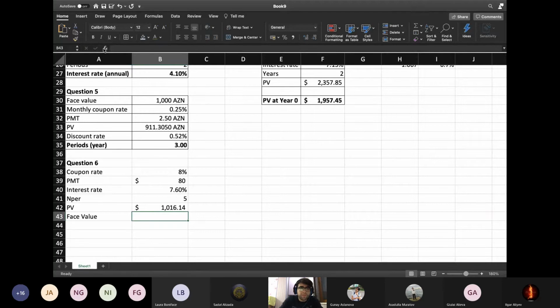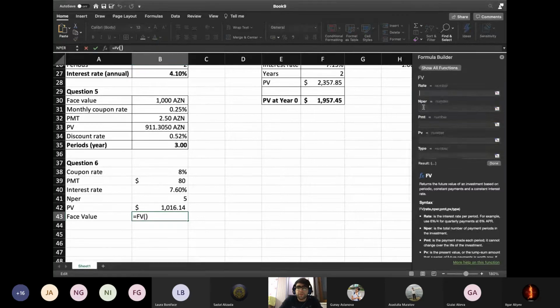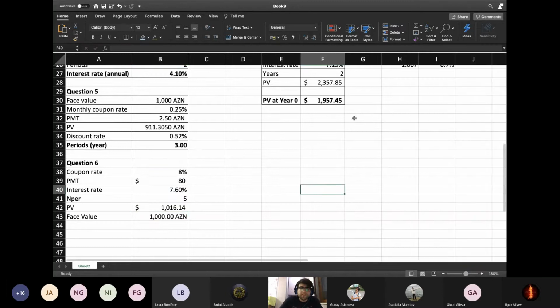Face value is future value, so therefore we are using the future value formula. We have rate, number of periods, payments, and present value, but we include present value as minus. So we have got the face value. Face value is 1000. Actually, it is 999 something, but if we round up, it will give us $1,000.